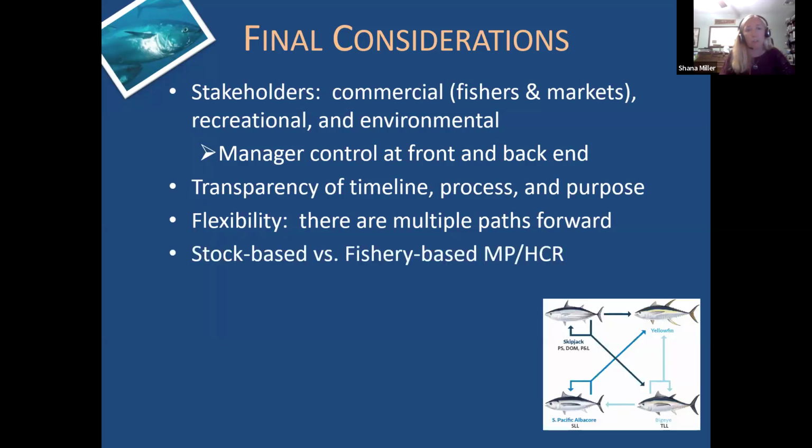It's also important to note that you can do harvest strategies for a single stock, or you might do your harvest strategy based on the fishery. And this schematic here is how the tuna fisheries are being looked at for harvest strategies in the Western and Central Pacific.